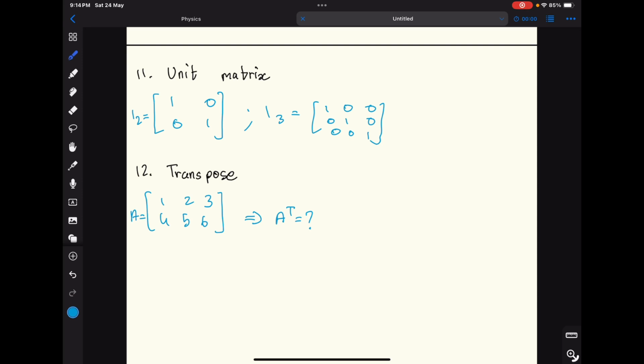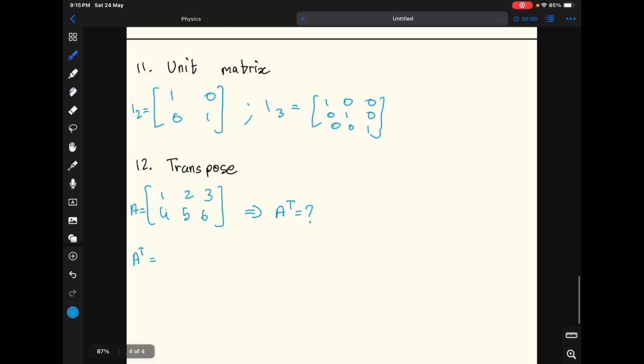How to solve this? A transpose is obtained by shifting the rows and columns. That means if this is a row, we'll make it a column, and this column will be turned into a row. Not understanding? Let's write this example.